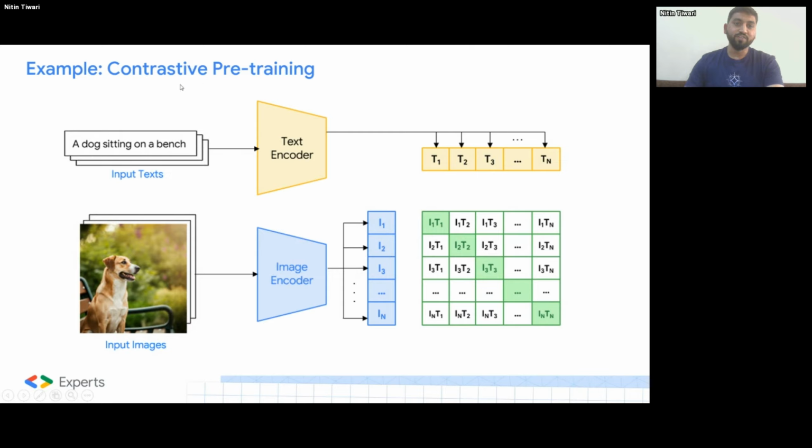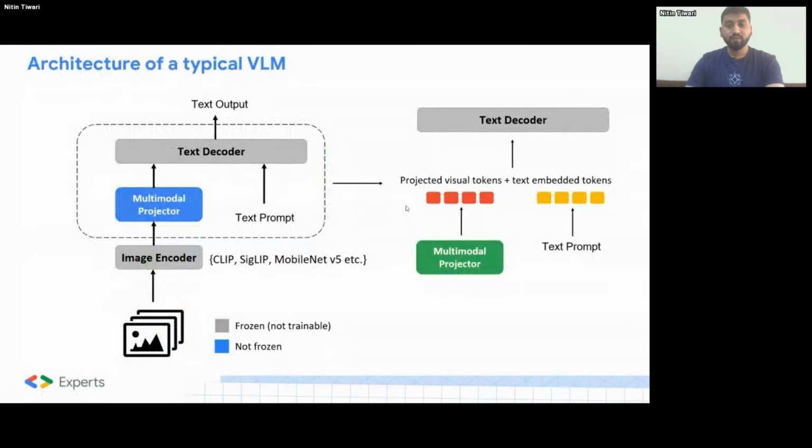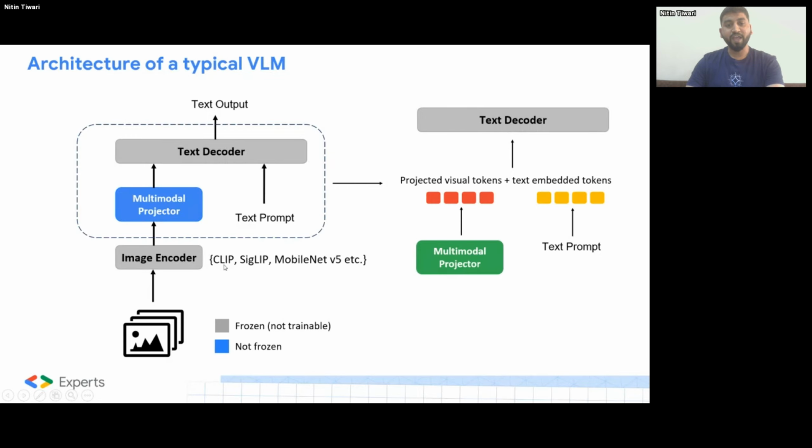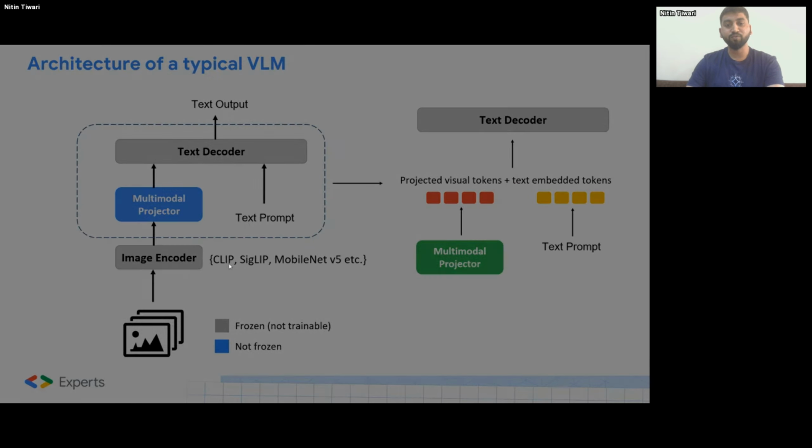That's how this Contrastive Language-Image Pre-training works. It takes into account both models, the image encoder and the text encoder. That is what CLIP stands for, language and image. You are training both the models simultaneously.